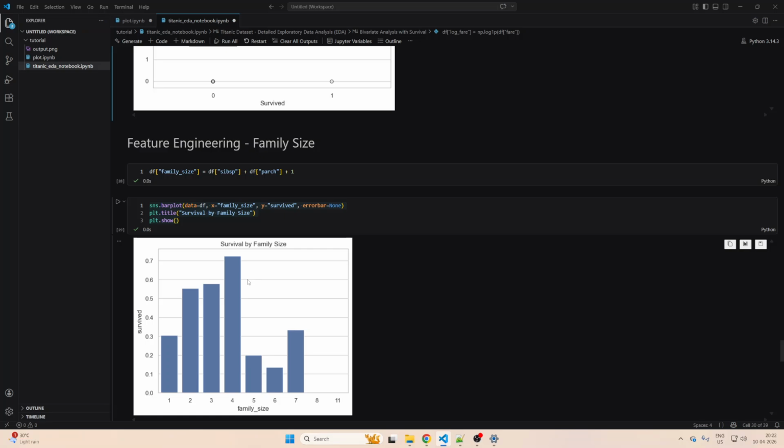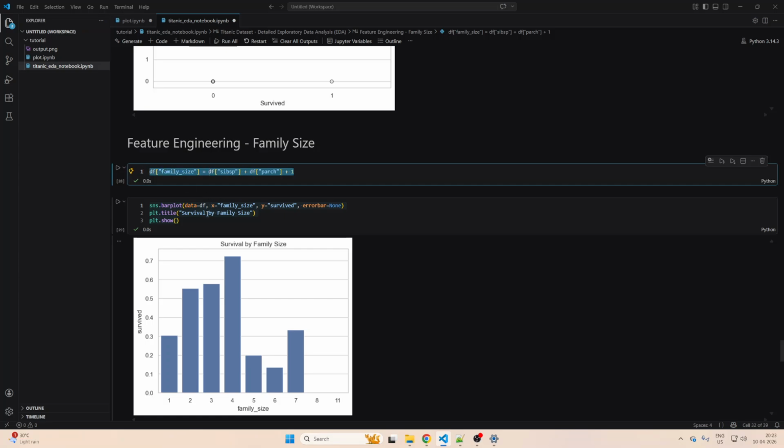Now let's do feature engineering. Feature engineering is nothing but creating new columns, deriving new columns from the available data. So we can create family size by calculating the number of siblings and parent or child, plus the individual itself.